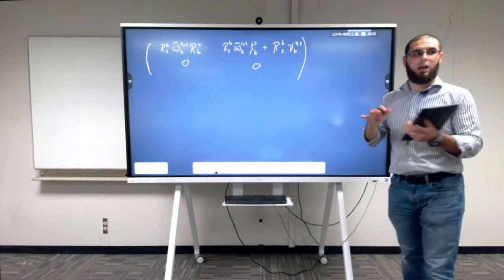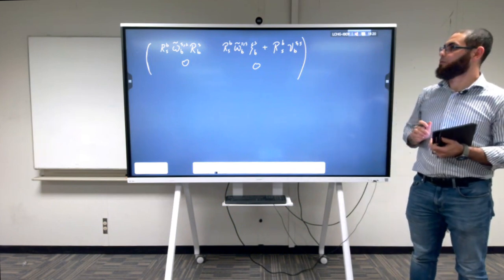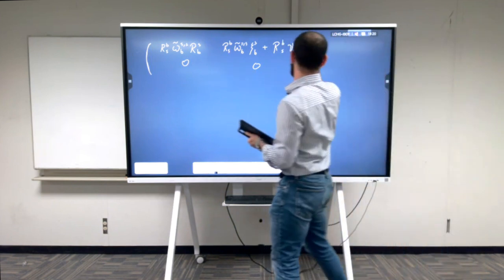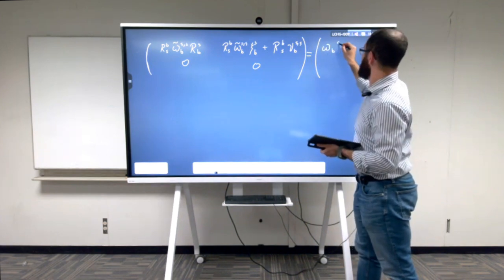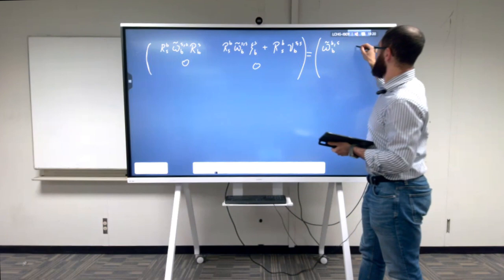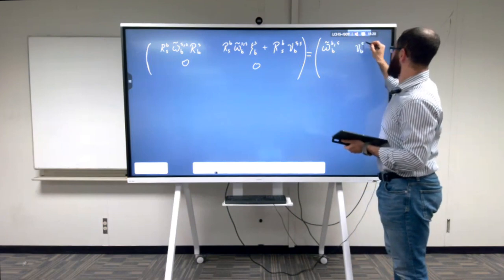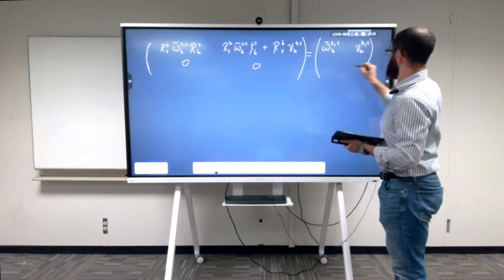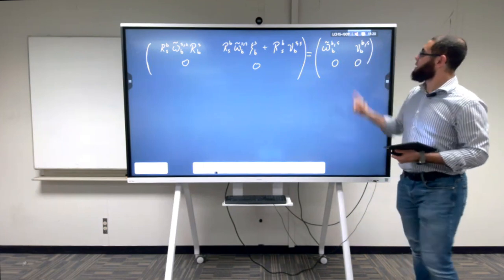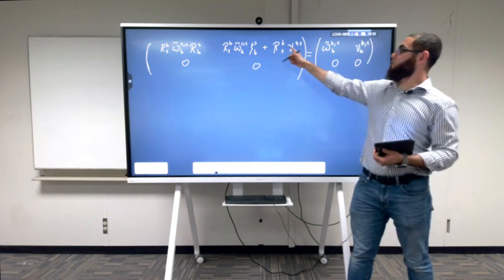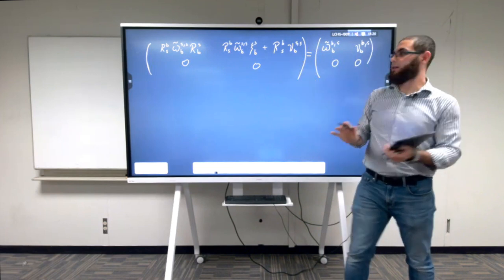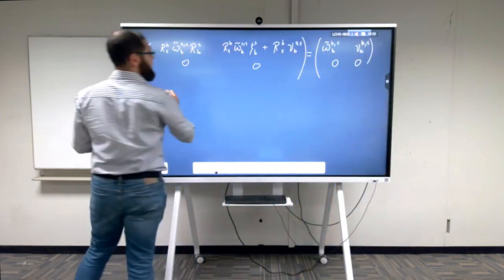This expression, we're going to be writing it in the following manner. Let's take all of this, remember, was equal to omega BSB tilde and VBB, okay? So this term is equal to that term, and this term is equal to that term. Now let's try to massage this equation.